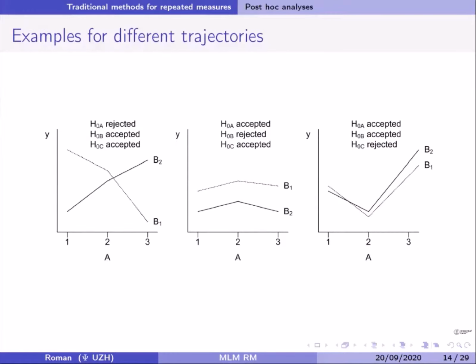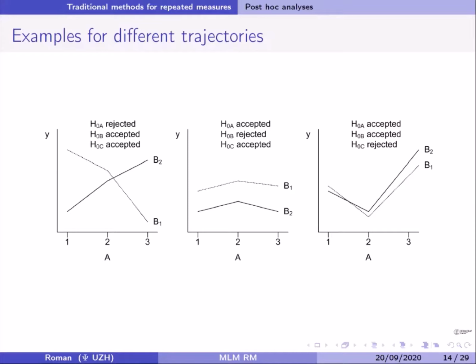So under profile analysis, here we have A on the x-axis. So this is the trajectory across time, and then we have Y, whatever our outcome measure is. So H0A is rejected because of the interaction. B2 grows across time, B1 shrinks across time.